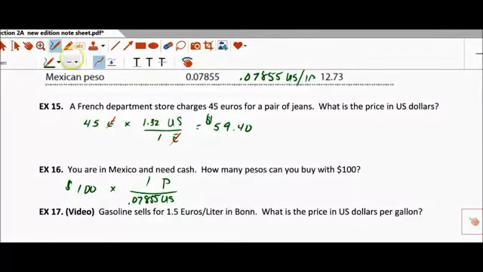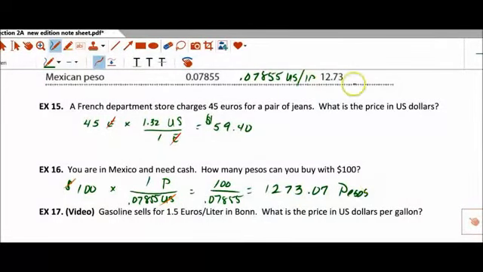And we'll just have to do a simple arithmetic, but we're going to cancel out our US dollars. Our answers are going to be in pesos. And so I'll end up with a division of 100 by 0.07855. And that'll give me pesos, so let's divide that out. 1,273.07 pesos.